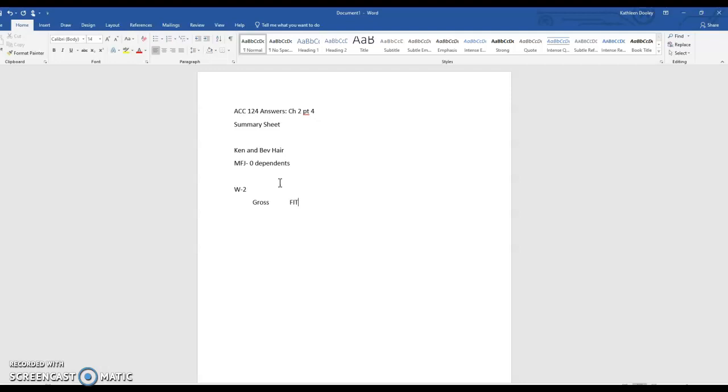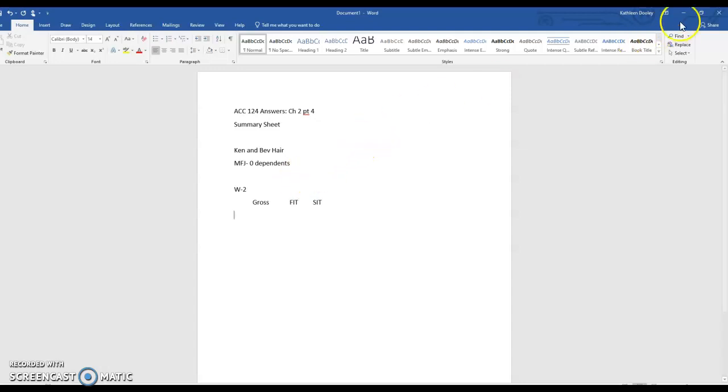And we'll need the FIT from box 2. And if you want to get into a habit of it as well, we'll need the SIT from lower on. Okay, we won't really need that for sure right now. Chapter 2 and whatnot, they use states that don't have a state income tax so that doesn't mess you up.